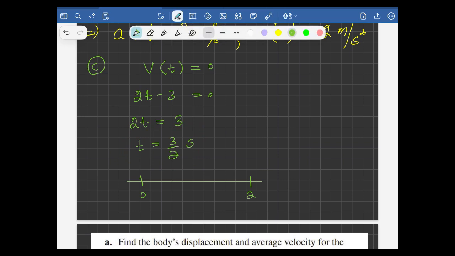So if 1 is over here, this should be 1.5 over here. So this is our time, 3/2 second. We need to find the value of the velocity at a point before and at a point after, within the interval. If they have opposite signs, the body changes direction. If they don't have opposite signs, the body is not changing direction.